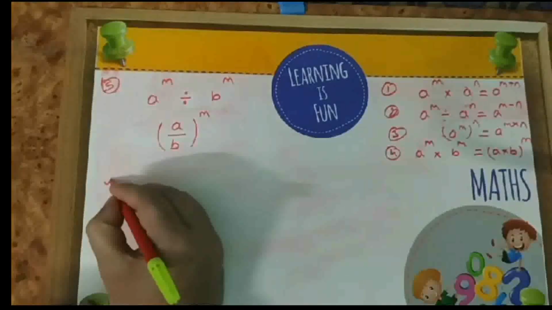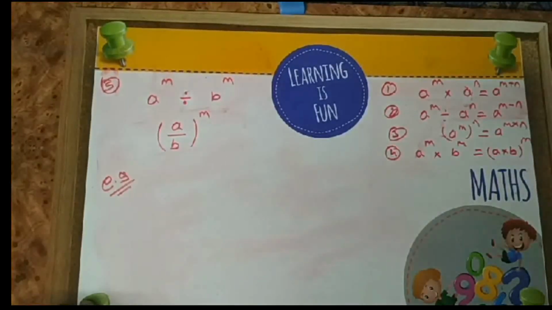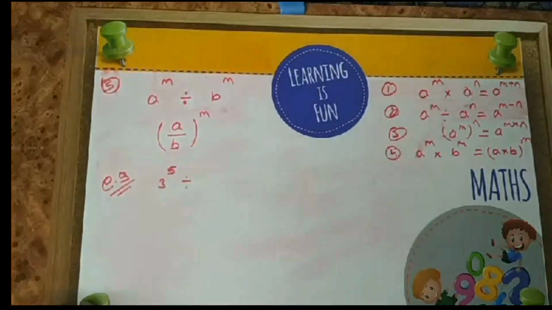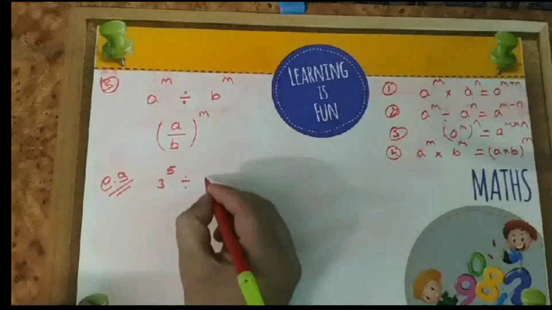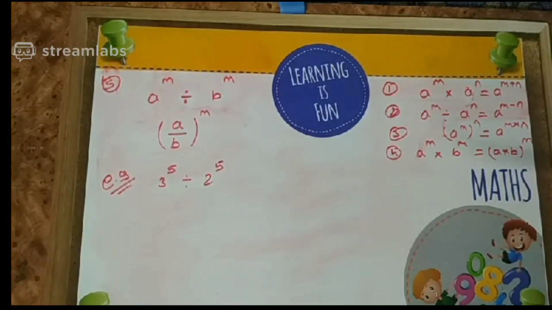So let's understand this law with an example. Here, 3 power 5 divided by 2 power 5. As you can see, the base is different but the power is the same, and we are dividing both numbers.